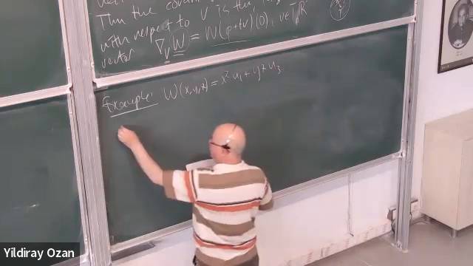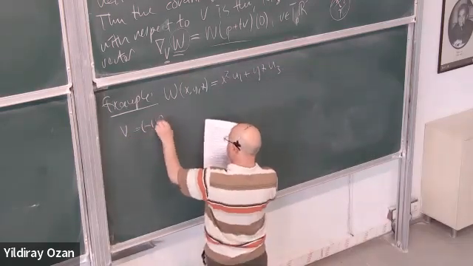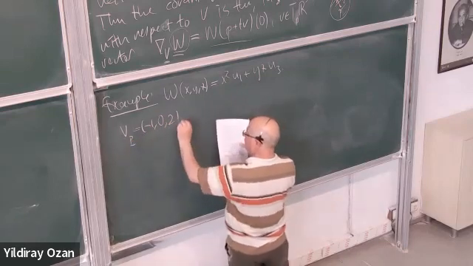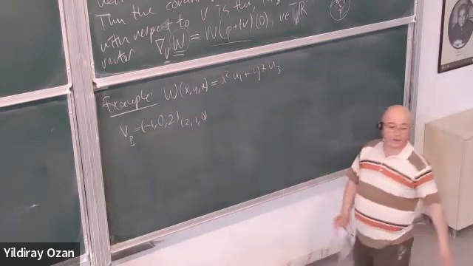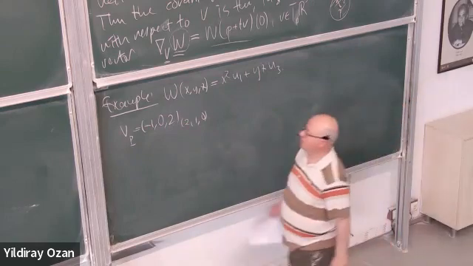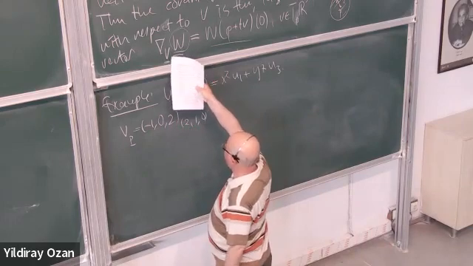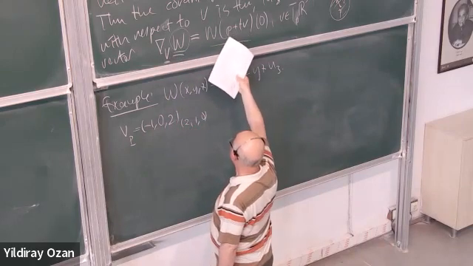And my vector is (-1, 0, 2) at the point (2, 1, 0). So to take the directional derivative of W along V, I need to compute this gadget and then take the derivative.